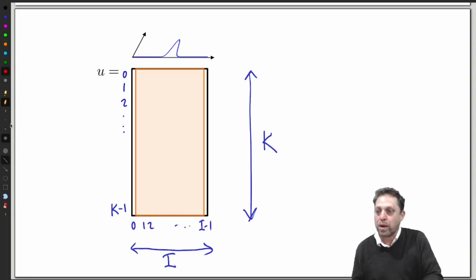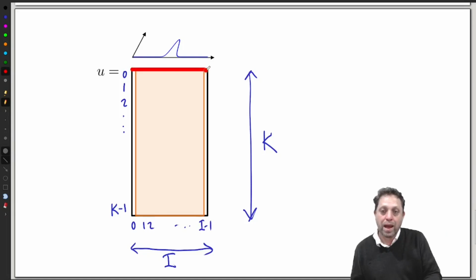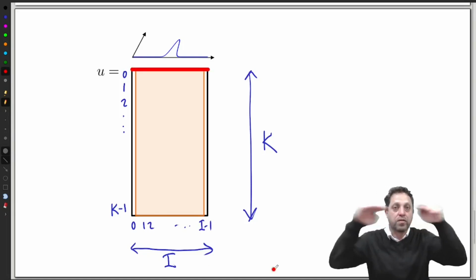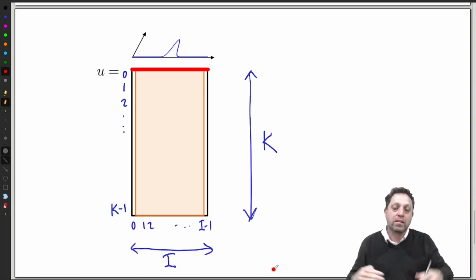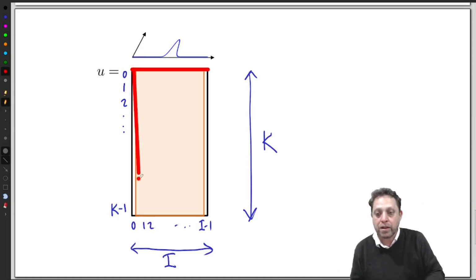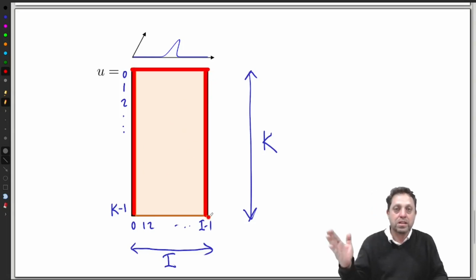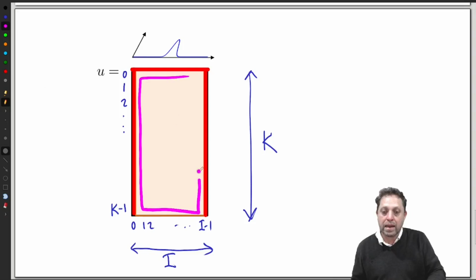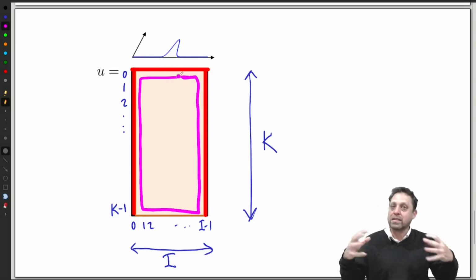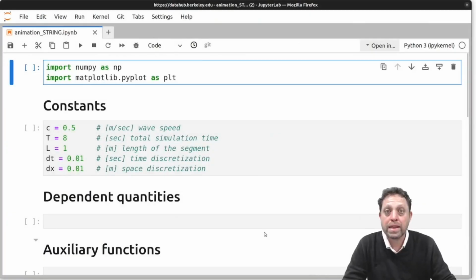All right, so when we initialize this matrix, we are going to write the initial condition to the first row. And then in the iteration, we are going to fill in the rest of the rows. And the boundary condition will be imposed by writing zeros to the first and the last column. Then within the iteration, we are going to fill in the interior of this matrix with the results of the update equation. Okay, let's get to coding.